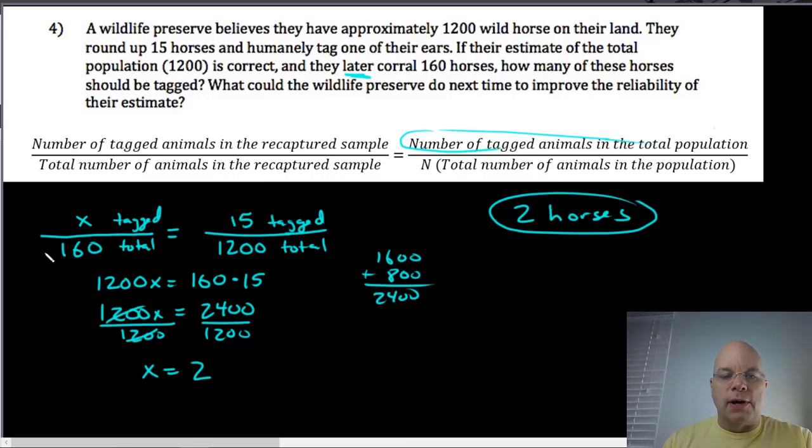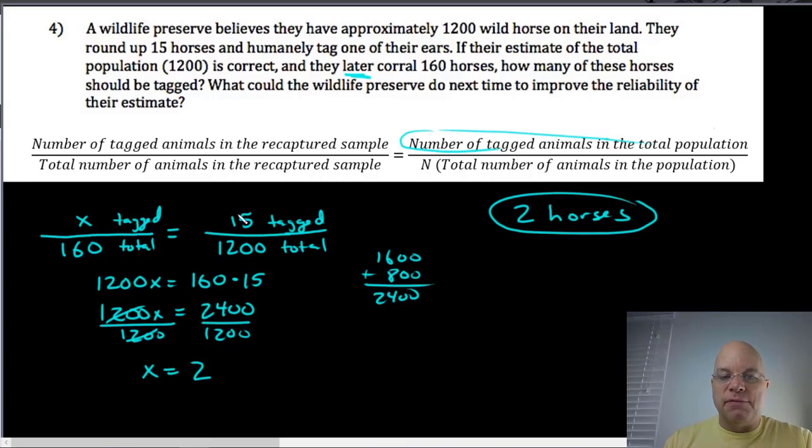When they recapture 160, which is more than a tenth of the population, but not much more, they would expect 2 of them to be tagged. Now the problem with expecting 2 to be tagged is that it's very likely only 1 will be tagged, in which case your estimate is off by half. Or 0 could be tagged.